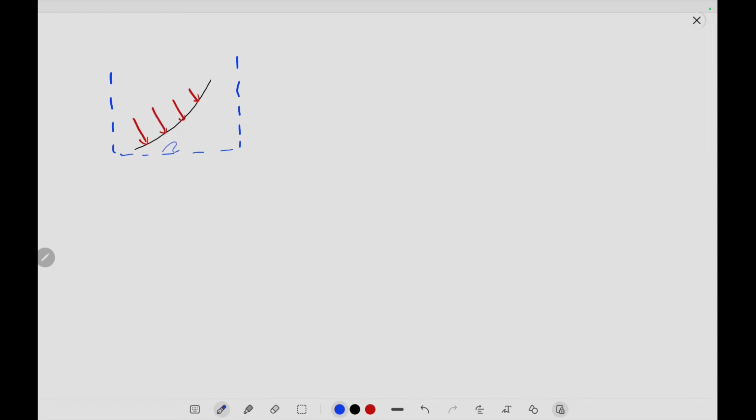Because the same kind of pressure force would act from this side, right? It would be something like this. That's why in most of the problems you will be given that on one side of this surface there is air and on the other side there is a fluid.